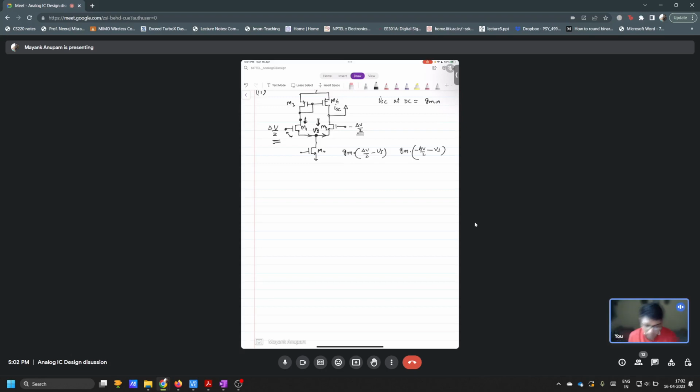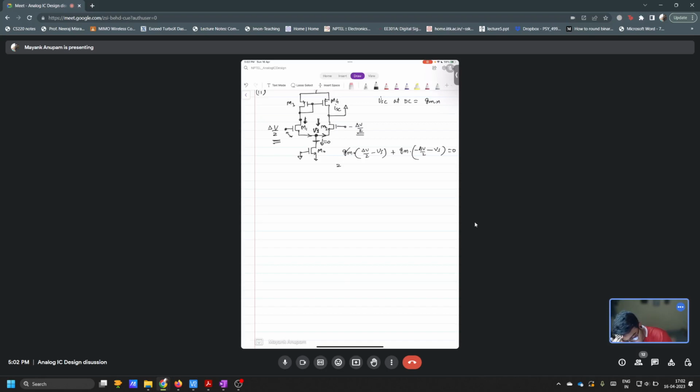KCL should be applicable at this node, because this is a perfect current source, right? This output resistance is infinity, so this will be open. This is grounded, so there will be no current flowing through this in the incremental sense. So these have to add to 0.